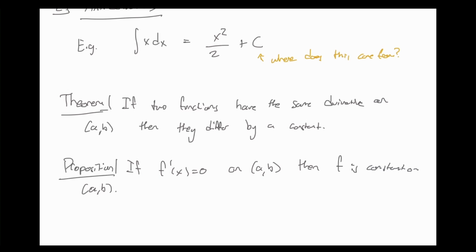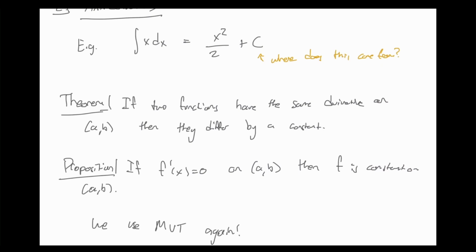Of course, if f is constant on a to b, then its derivative is 0. But the direction I'm trying to prove here is a bit more nuanced. I'm saying if the derivative is 0, then it must be constant. Again, I would encourage you to try to think about how to prove this. It's not immediately obvious from the basic tools that you have.